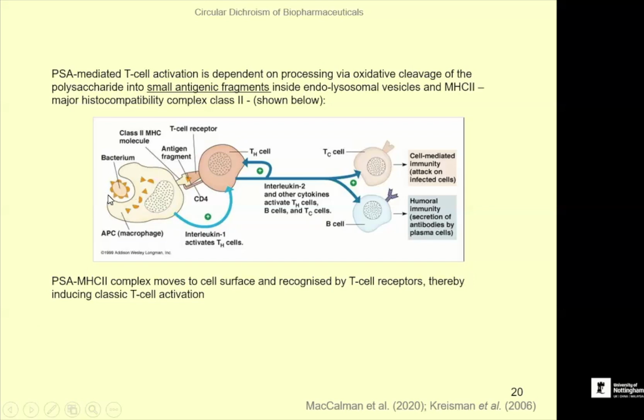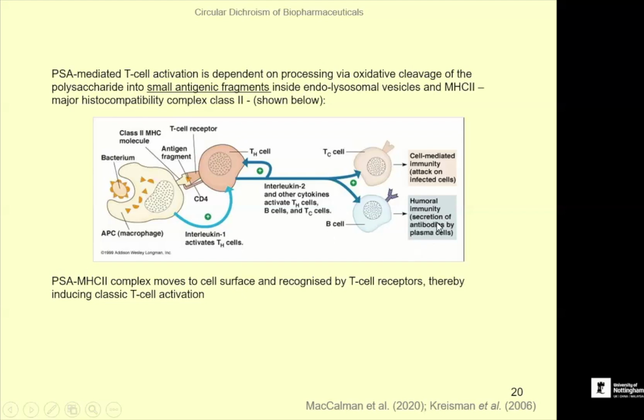this unusual zwitterionic polysaccharide is taken up by macrophages and presented to MHC class 2, where the molecule is broken up into fragments, presented on MHC2 on the surface, and then you have a T-cell receptor which ultimately is responsible for producing T-cells, which is the desirable long-term immunity, and the production of B-cells, which is not so desirable for long-term immunity.